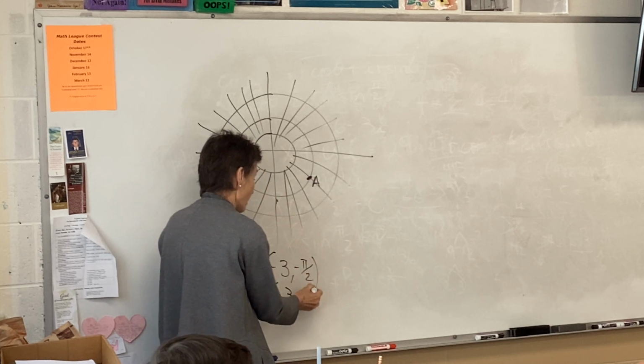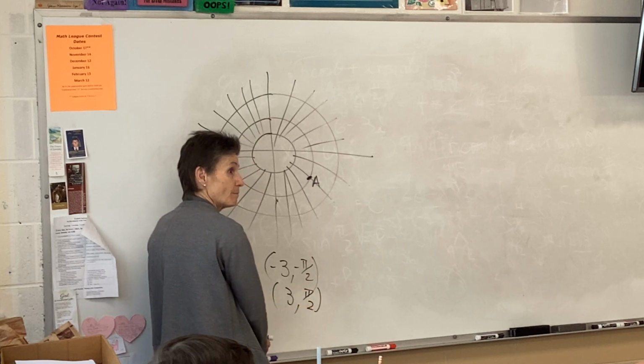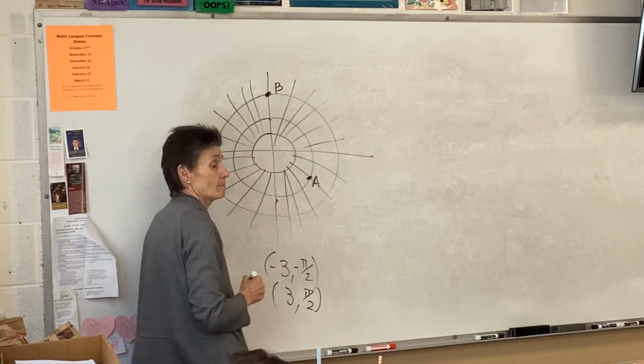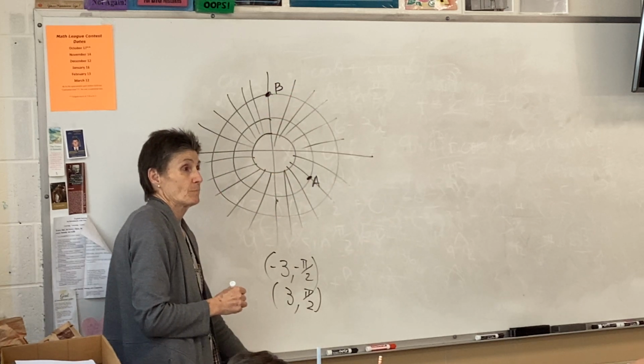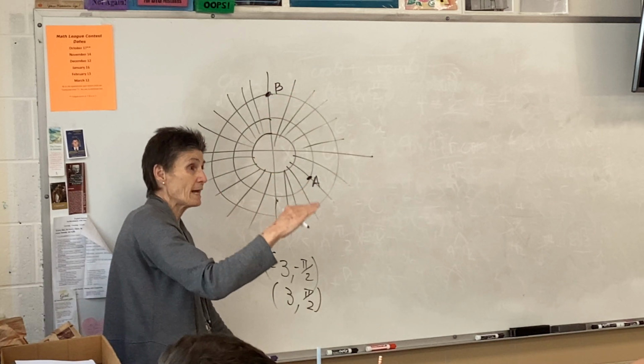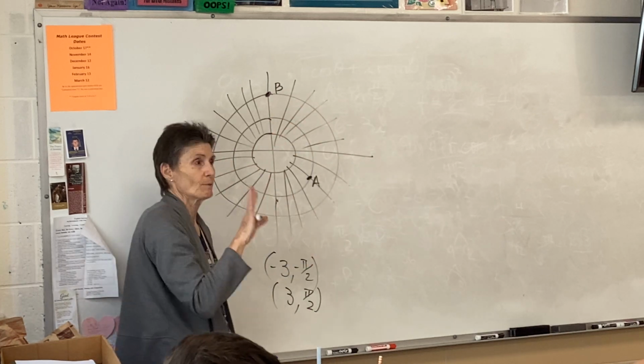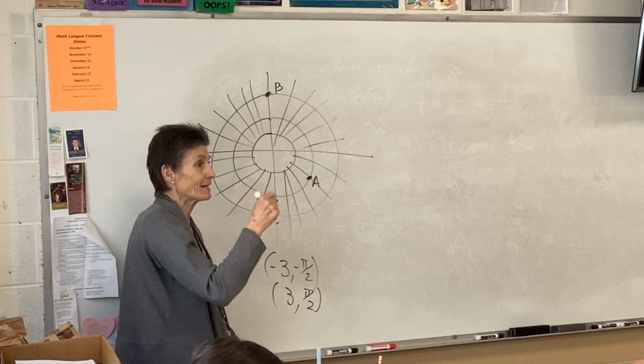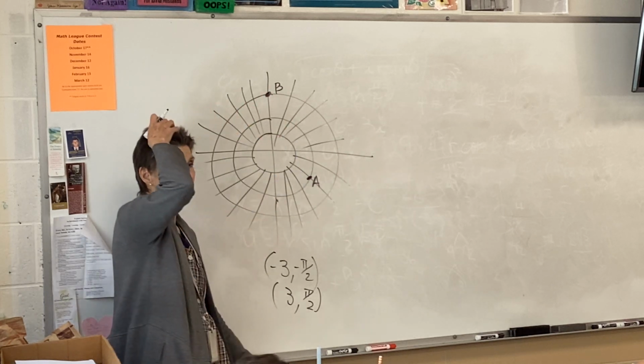So this will become positive pi over 2, and the point then is going to get plotted right there. Now, as long as you're getting it plotted there, I really don't care how you think about it. You don't have to think about it the way I do, but you've got to get it plotted in that location.